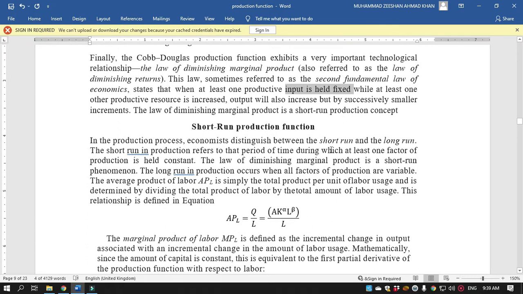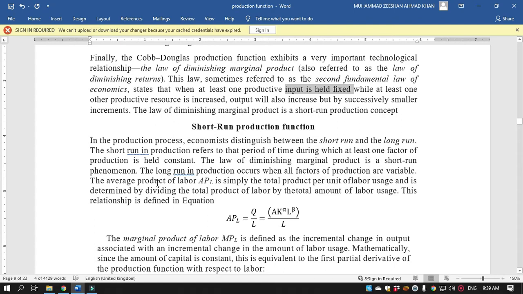Economists distinguish between the short-run and long-run. The short-run production function refers to that period of time during which at least one factor of production is held constant. The law of diminishing marginal production is a short-run phenomenon, and the long-run production function occurs when all factors of production are variable.